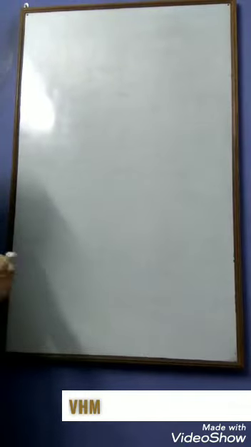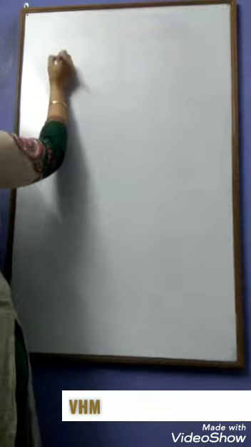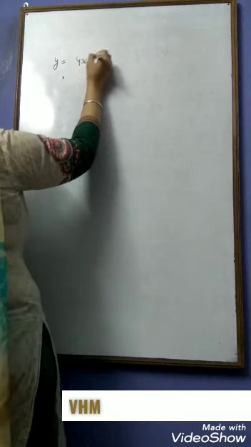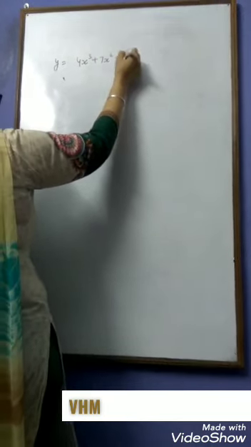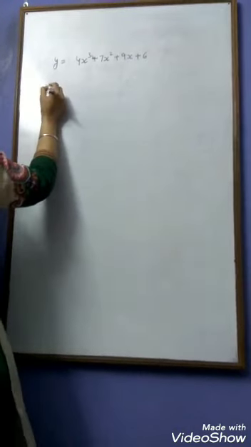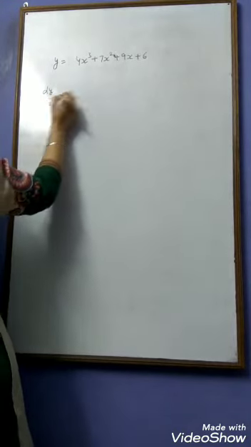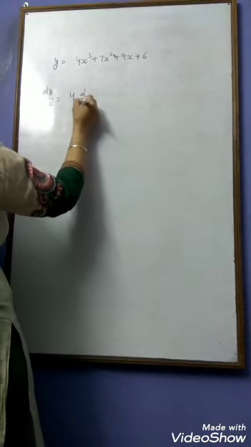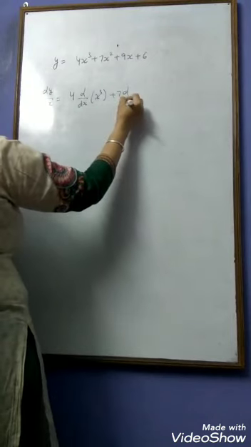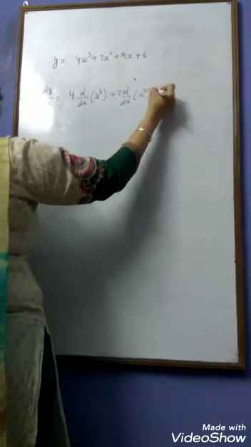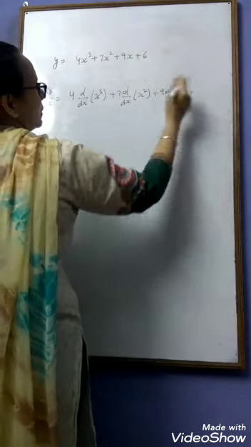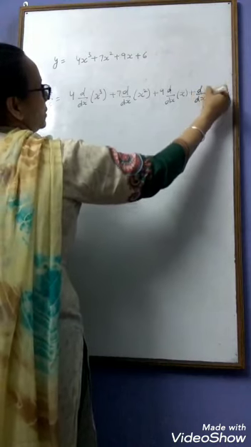Okay, so first, if we have the question y is equal to, let's say, 4x³ + 7x² + 9x + 6, you have to differentiate it. So dy upon dx is 4 times the derivative of x³ plus 7 times the derivative of x² plus 9 times the derivative of x plus the derivative of 6.